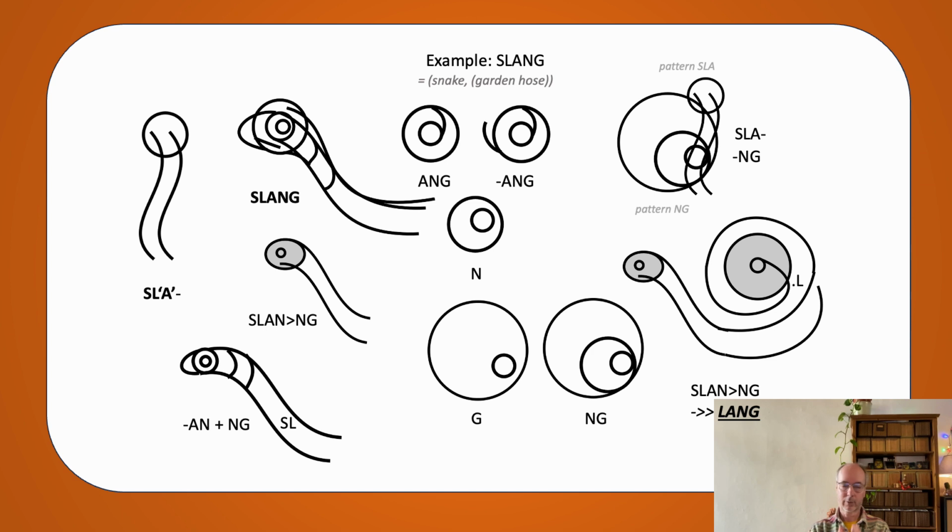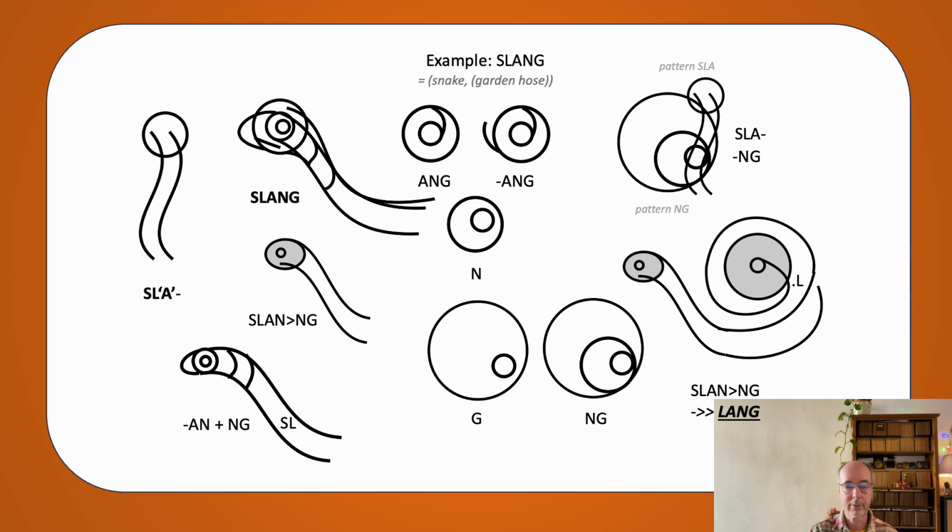Sometimes you recognize words simply because I separate the S from slang and I have lang, and I can recognize slang. You will notice that kind of thing more often if you play with the letter combinations and succeed in forming the forms themselves.